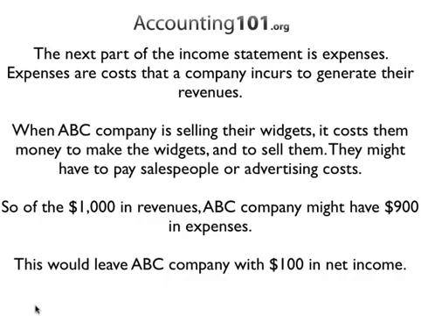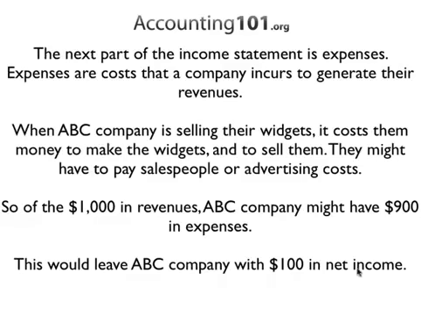And so on the income statement, you have your revenues, which would be the $1,000 in revenue, and ABC Company might have had $900 in expenses. And so if that was the case, it's a very simple example, that would leave ABC Company with $100 in net income.